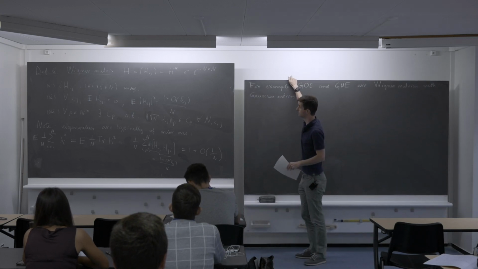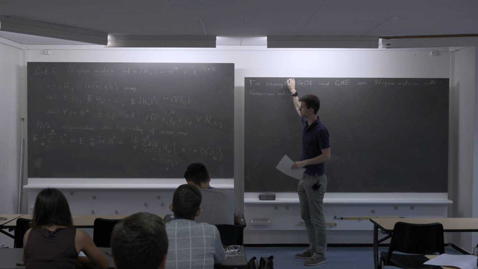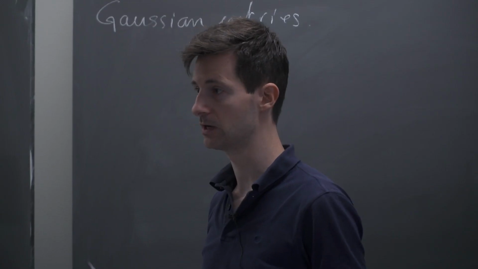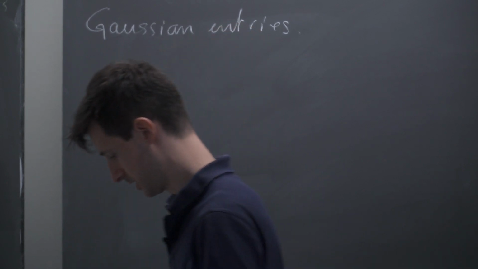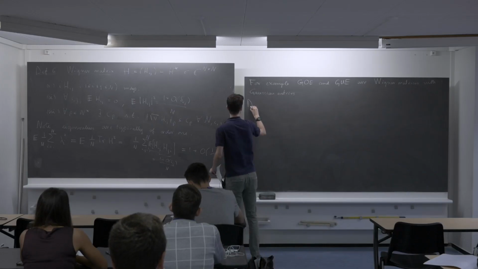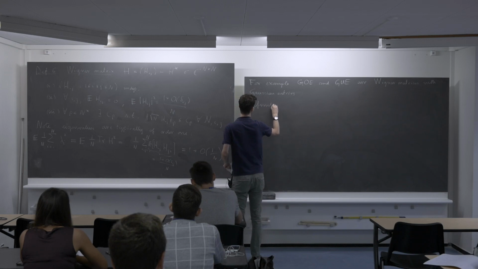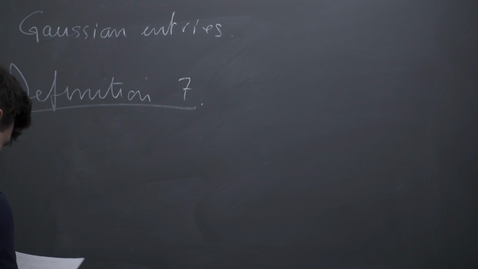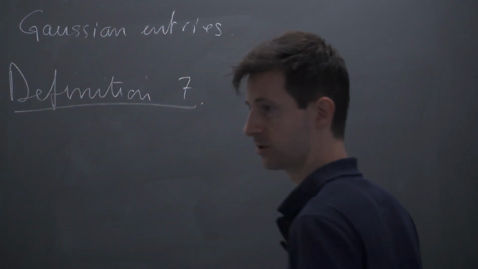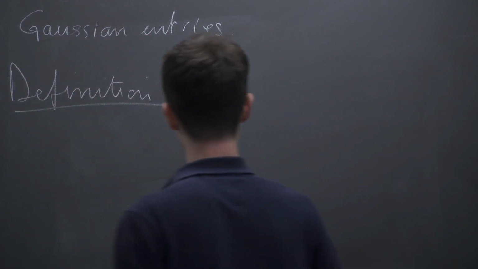Now let me define a simple probability distribution on the real line, which will turn out to describe the density of the eigenvalues of these matrices. So this is the famous semicircle law of random matrix theory.